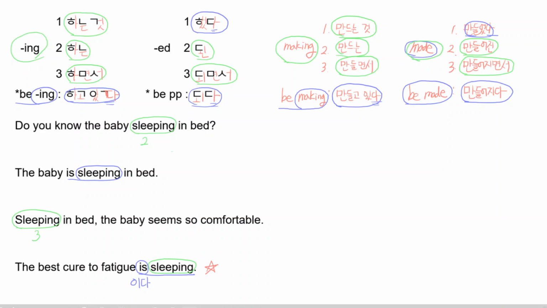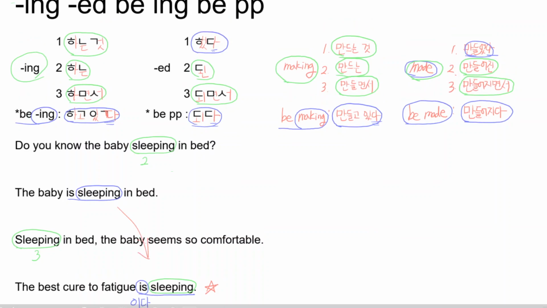So do you see the difference here? Here, is sleeping is just a verb, a finite verb, a blue verb. But here, is the verb and sleeping is a non-finite verb, right? So that's why we have the difference here, okay?